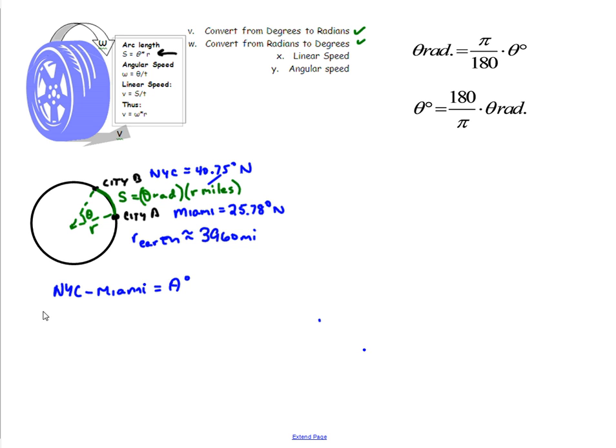So let's take our difference. We will be subtracting our 40.75 degrees minus our measure of 25.78 degrees. And this is going to be our angle in degrees.